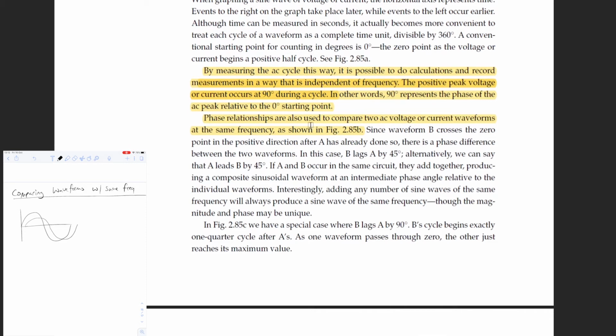So phase relations are also used to compare two AC voltages or current waveforms at the same frequency. So these two have the same frequency but different amplitudes.